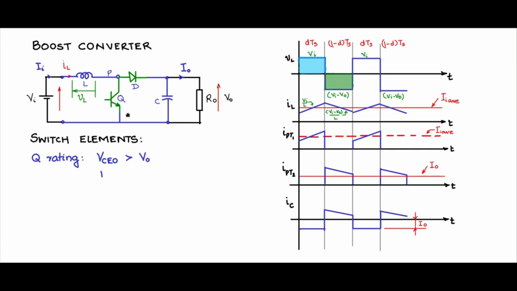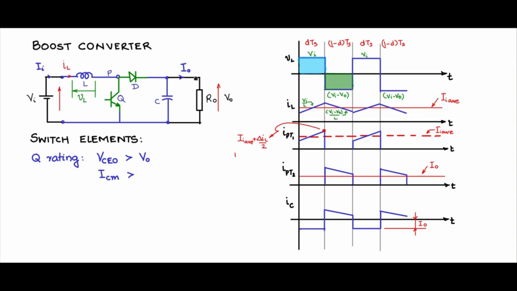Then what should be the max current rating? ICM rating, collector current max rating should be greater than. Here you see in IPT1, this point here is the max current that occurs, and that is I in average plus delta IL by 2. So this is I in average plus delta IL by 2. And I in average can be related to the I0 current.